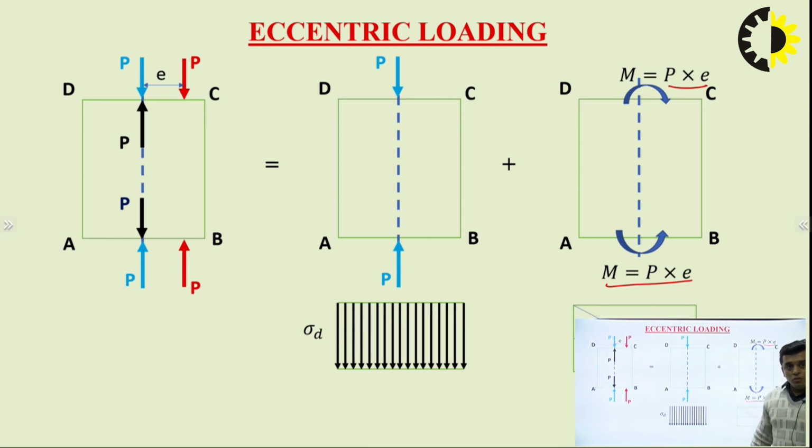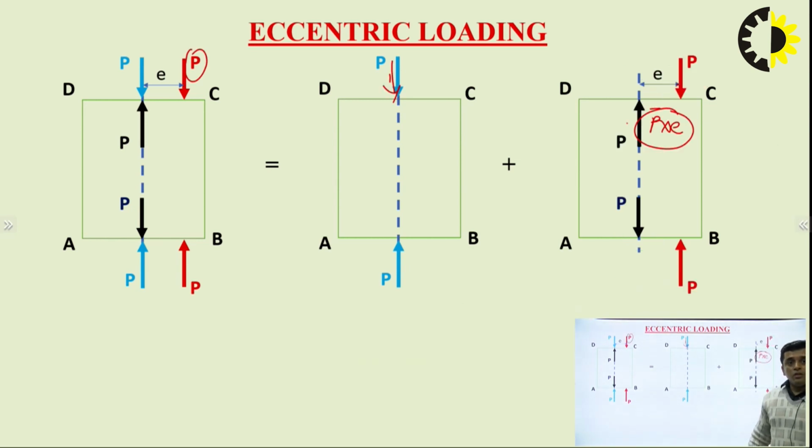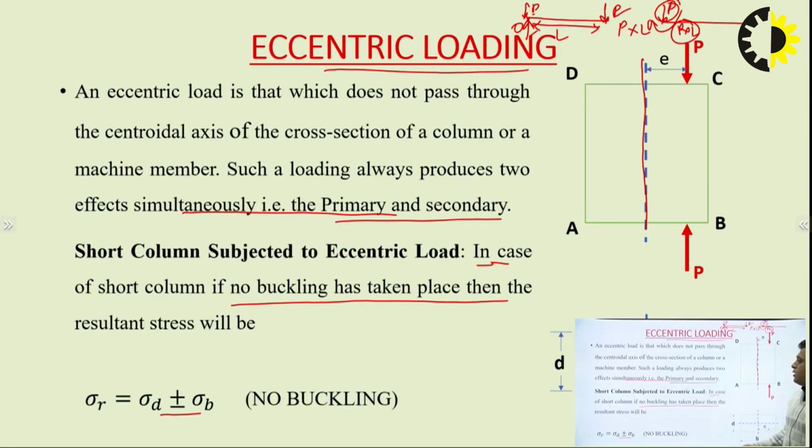Now if you see the variation is linear, then what you need to remember? You need to remember that when the loading is eccentric, there will be two forces working. One is primary force and the other is secondary force.